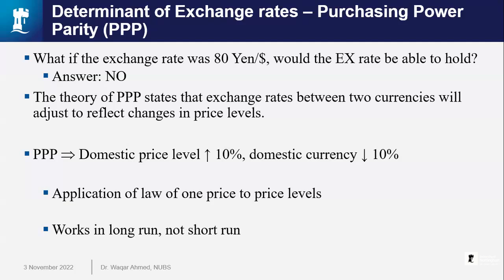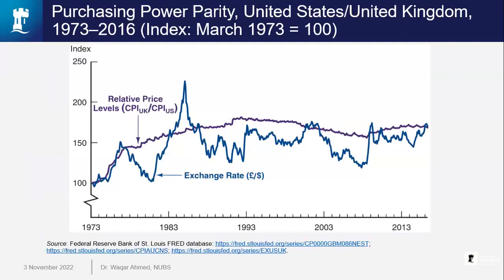If prices get affected in a country, the exchange rate will also change in the direction that would ensure that the law of one price holds. But the law of one price works only in the long run. It doesn't work in the short run. What we have here is a figure that shows the relative price levels between the US and UK and the exchange rate between pound and dollar.